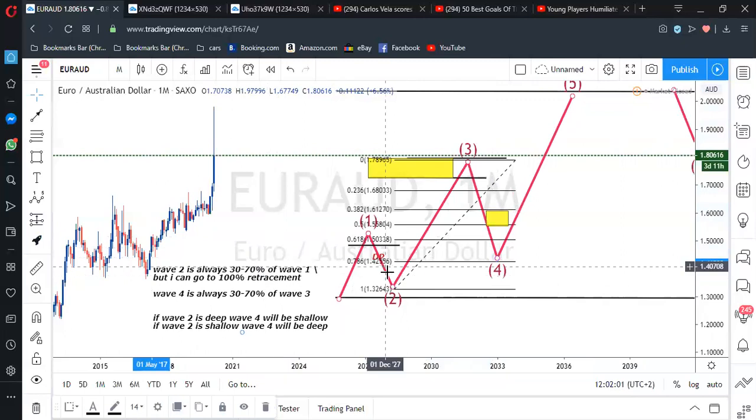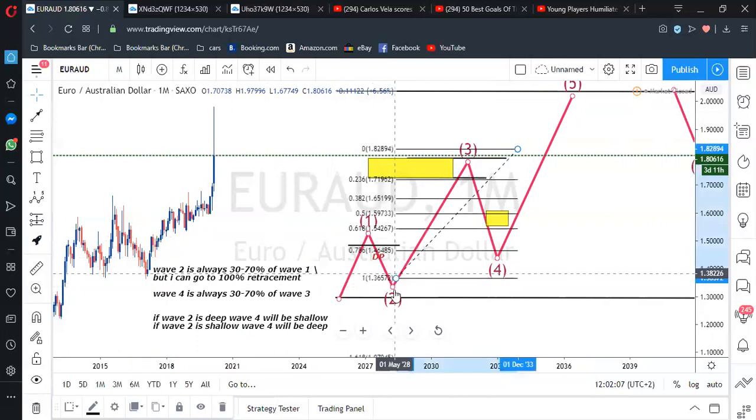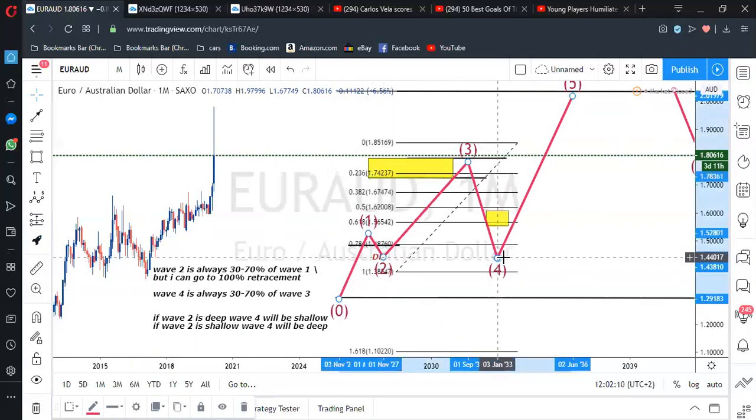This now depends on how deep wave two was at first. If wave two maybe wasn't this deep, or maybe it was, let's say it was this deep, then we know that wave four is going to be a very deep wave four. But keep in mind, wave four cannot surpass the depth of wave two.